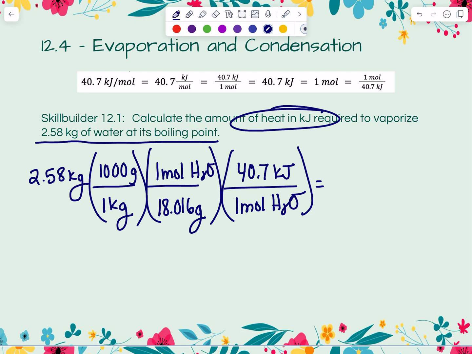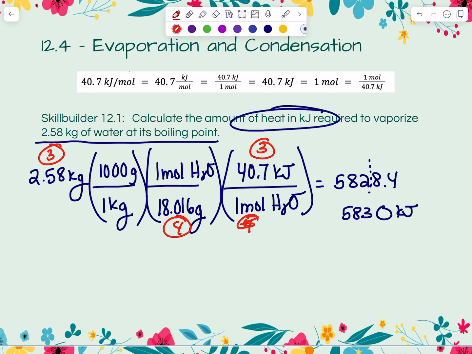Substituting that into my calculator, 5828.4, and to 3 significant figures it's 5830 kilojoules of energy required to do that. Three significant figures, four significant figures, and kilograms, grams, moles.